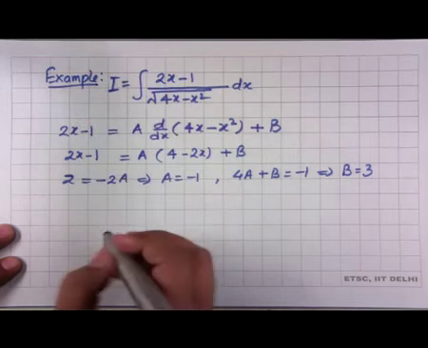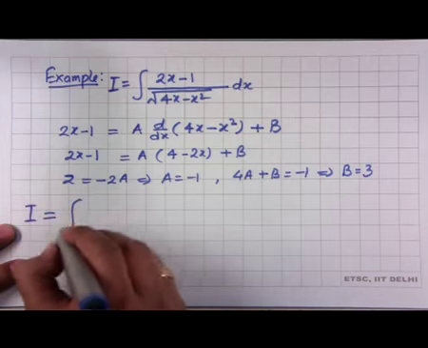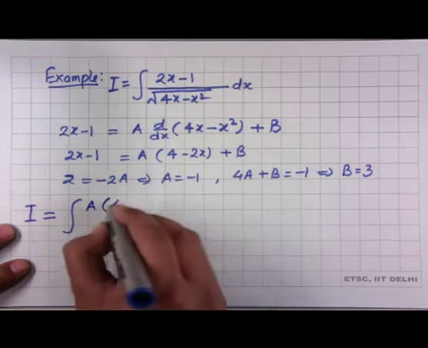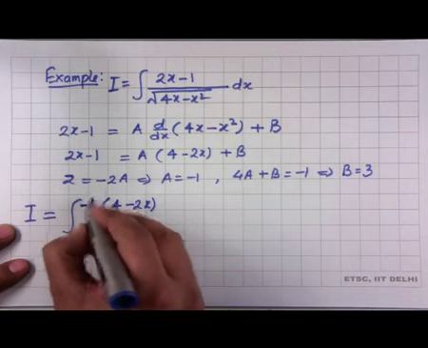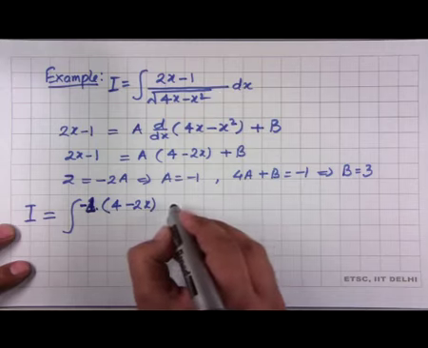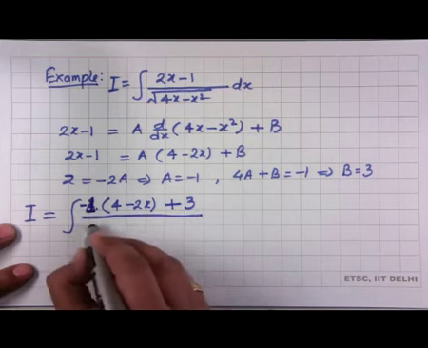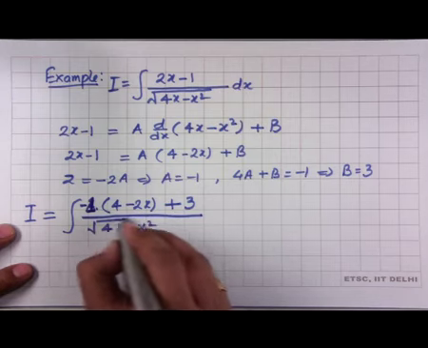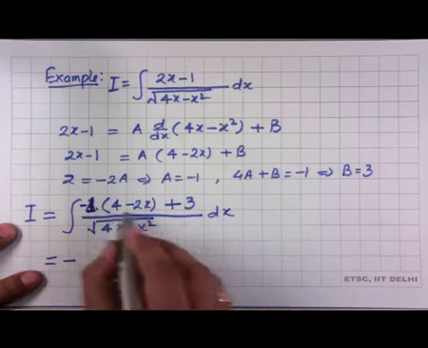Let us say this integral is I. So, the integral I, after replacing this term, can be represented as a times d by dx, which is, sorry, instead of a I have to put minus 1, so minus 1 times 4 minus 2x, plus b, the value of b is 3, divided by square root of 4x minus x squared dx.